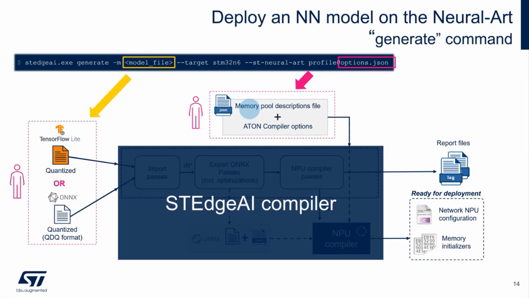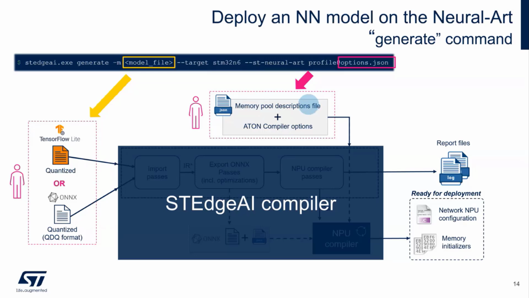Now let's remember what I mentioned during the neural art integration slides. I talked about high throughput and low latency, depending on which SRAM you're using or is available. This will be defined in the memory pool description file.